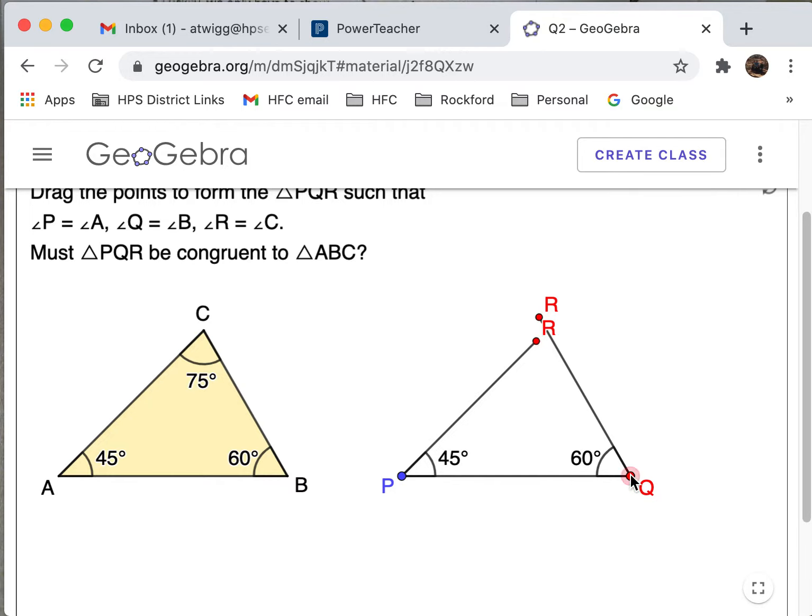Like, what if I took this and made it longer? Do you notice that I have all the right angles here, but my triangle is physically bigger? Now, if I manipulate this, I probably could get it to work. But do you see how I still have the same angles, yet my triangle is bigger?